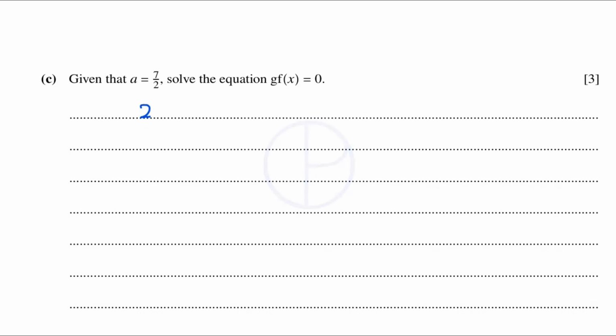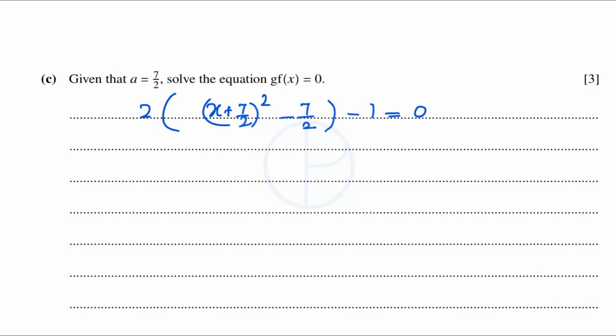So 2 multiplied by what is f of x? (x plus a)^2 minus a. So 2 times (x plus 7 over 2) the whole square minus 7 over 2, minus 1 equal to 0.